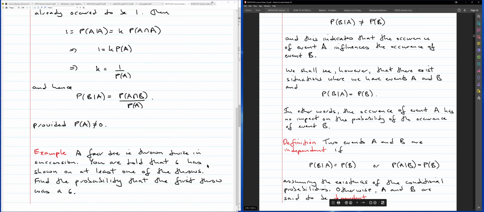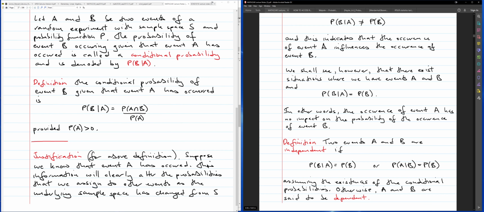Remember that conditional probabilities are defined using a fraction like this, so it is possible that they may not exist. When using this definition, you're making the assumption that the conditional probability exists. So events A and B are independent if P(B|A) equals P(B), or if P(A|B) equals P(A). As I said, there should be probability A there.